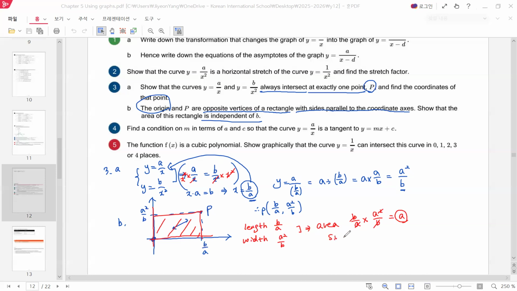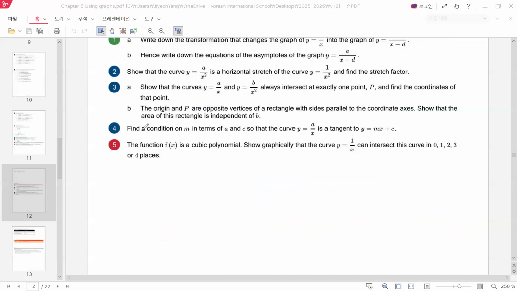So the area of this rectangle is a only, which means it is independent of b, because it's not related to b; only a gives the area of this rectangle. Understand?